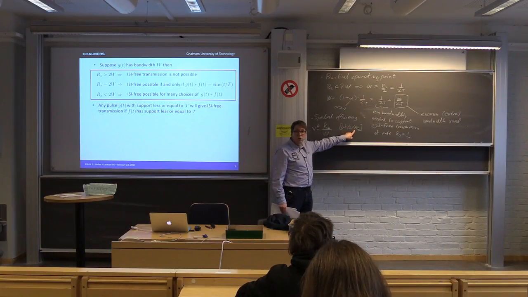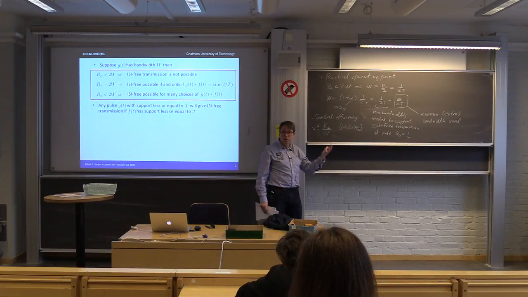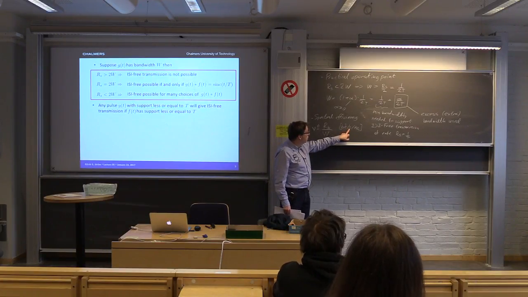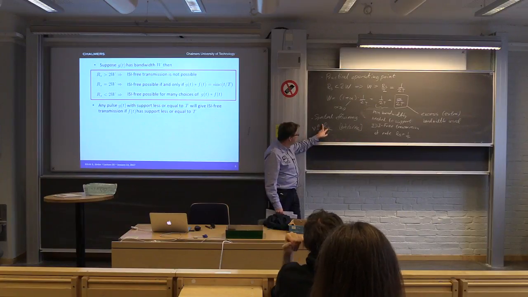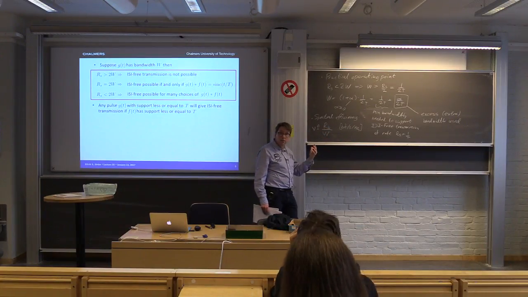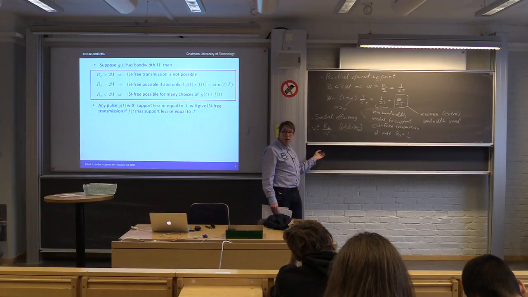Second divided by hertz, second multiplied with hertz is also dimensionless. So the spectral efficiency really has no dimension, but to give it some meaning, we say it's the number of bits per second we can transmit per hertz. Bits per second per hertz. And we want that to be high.